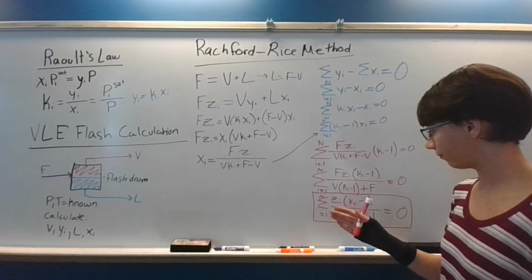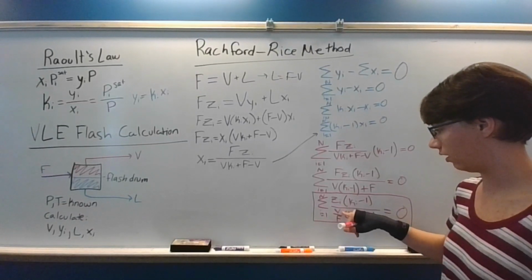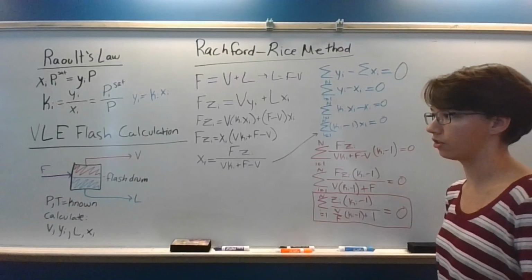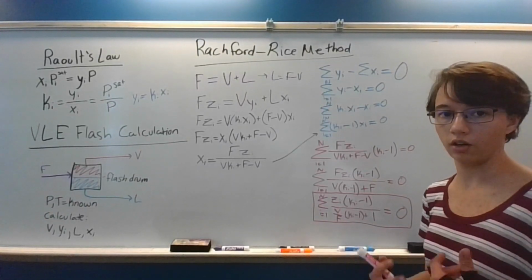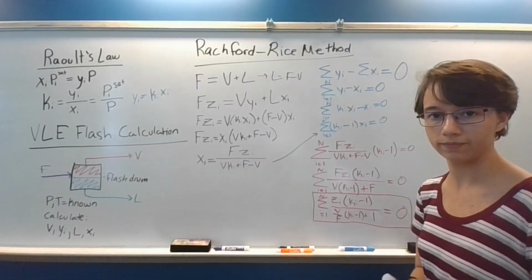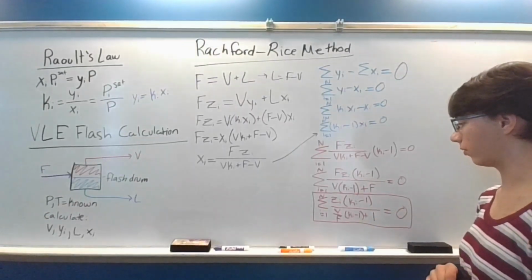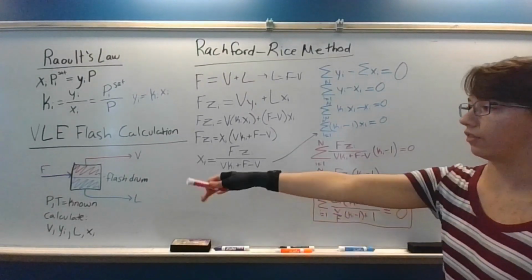And then the quantity moles in the vapor over the moles in the feed is just the fraction of the feed that becomes vapor. So the vapor fraction of the feed. And so that is what we're going to use to solve this kind of problem.